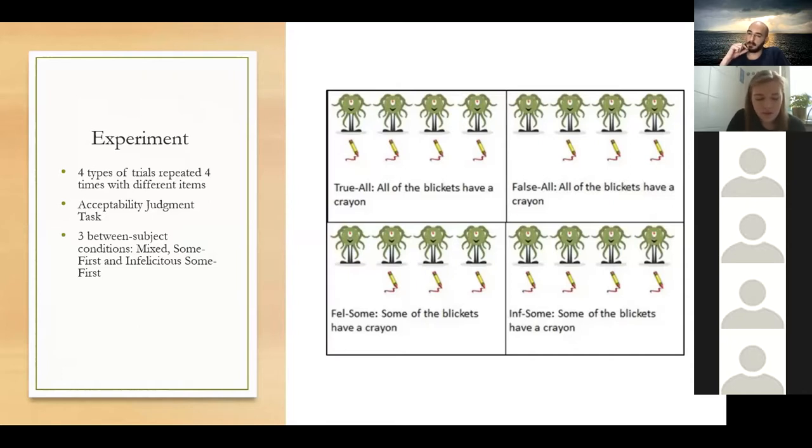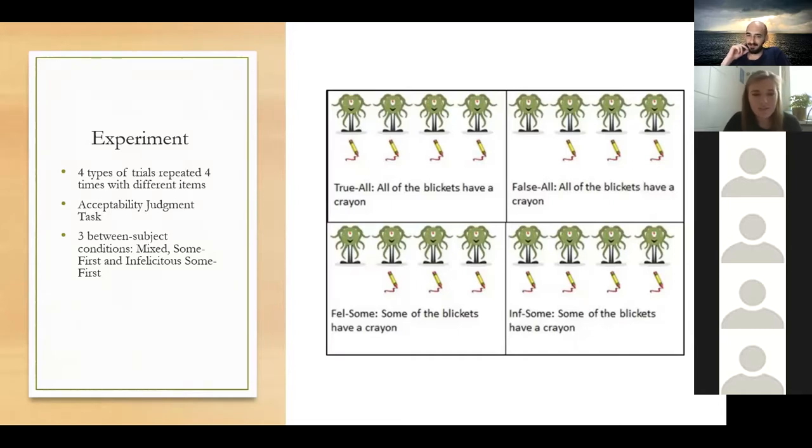The third condition was the infelicitous some-first condition. Like in the previous one, the trials were split into blocks, a some block and an all block. But the difference is that in the some block, the infelicitous some trial always came before the felicitous some trial. I hope this is clear.